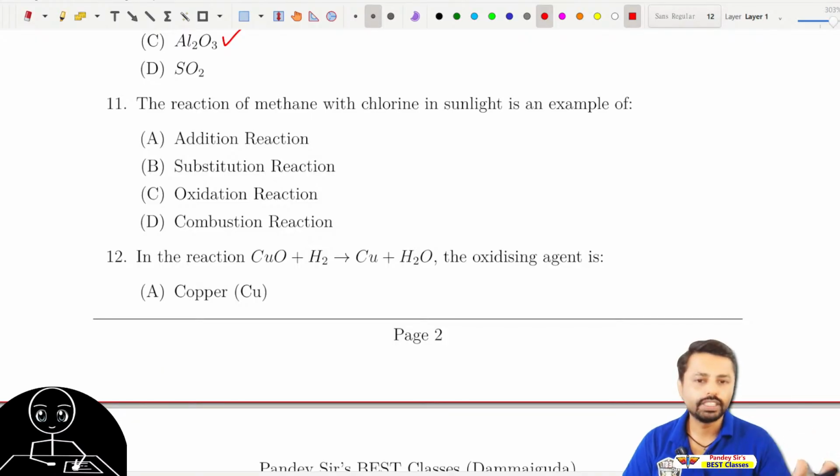Now, next one. The reaction of methane with chlorine in sunlight is an example of. So it's happening in sunlight. Methane plus chlorine.